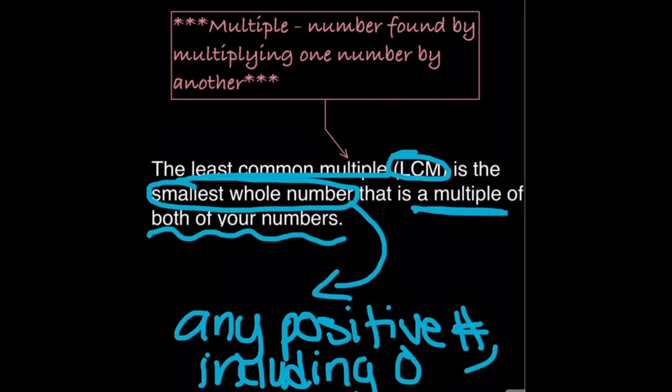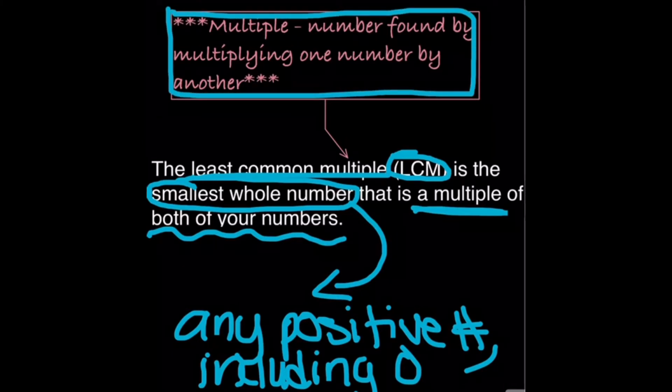So you might not know what a multiple is. Right on the top of the page in a box, there's the definition. A multiple is a number found by multiplying one number by another. So if they ask you to find a multiple of the number, let's say 7, you can just take the number they're asking for and multiply it with any number. Let's multiply by 5. And whatever answer we get, the product, is the multiple.